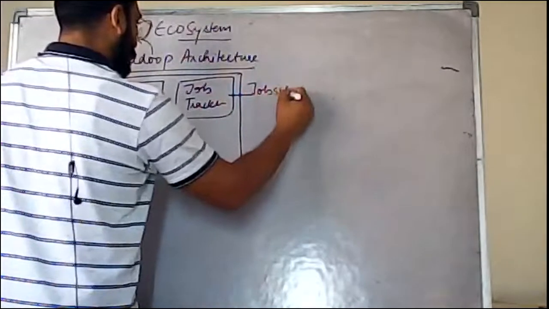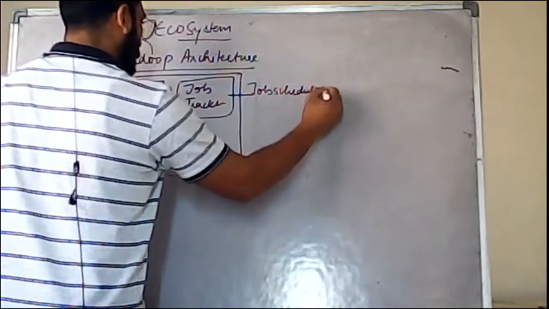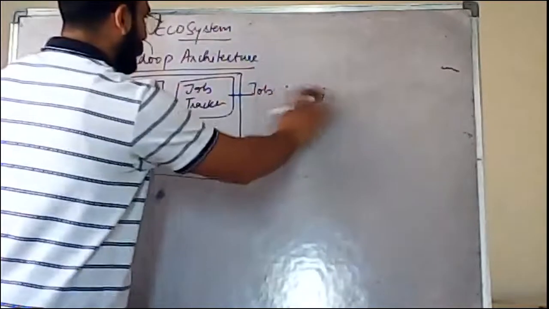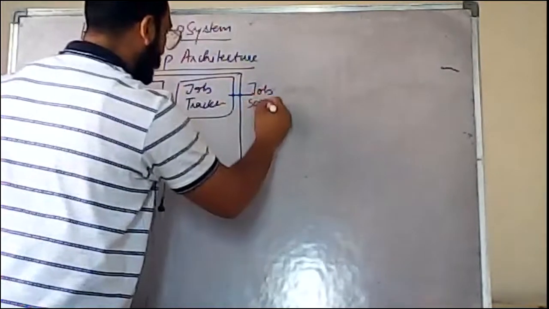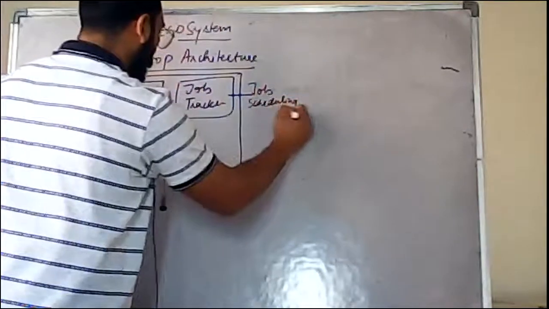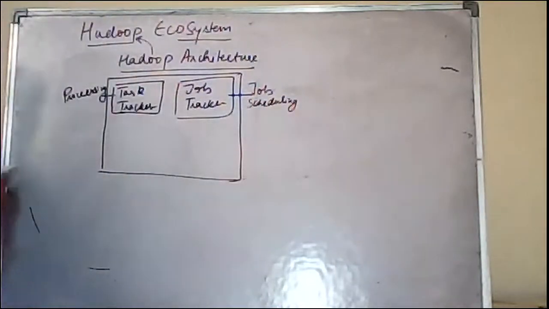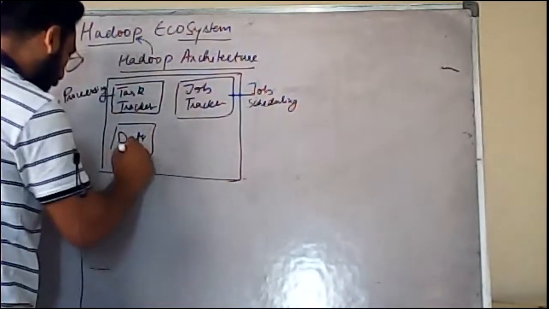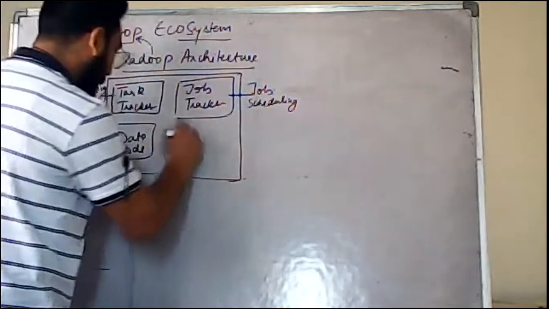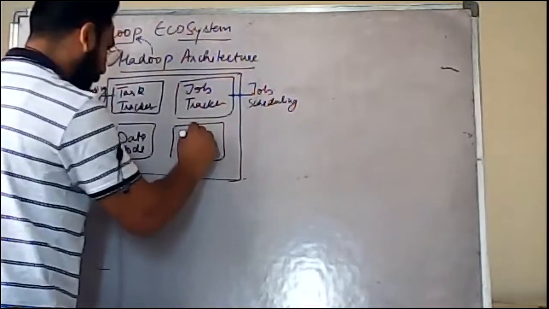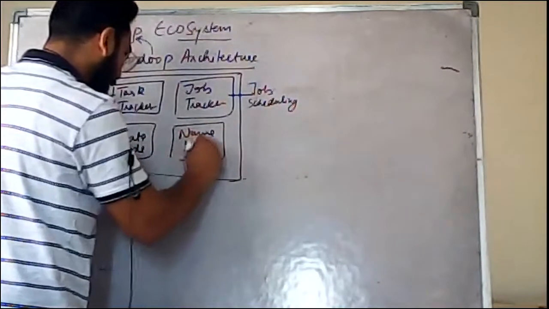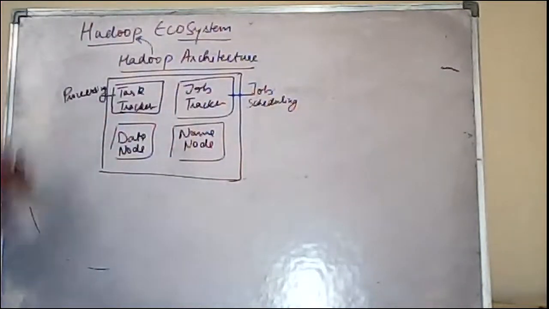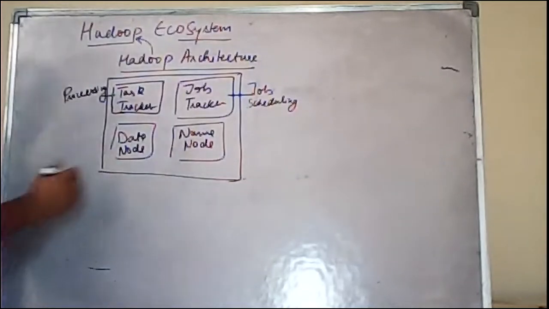Then there are data nodes, then there is the name node. This is your Hadoop architecture first, and how they will perform, how your tools will work, that we will study.